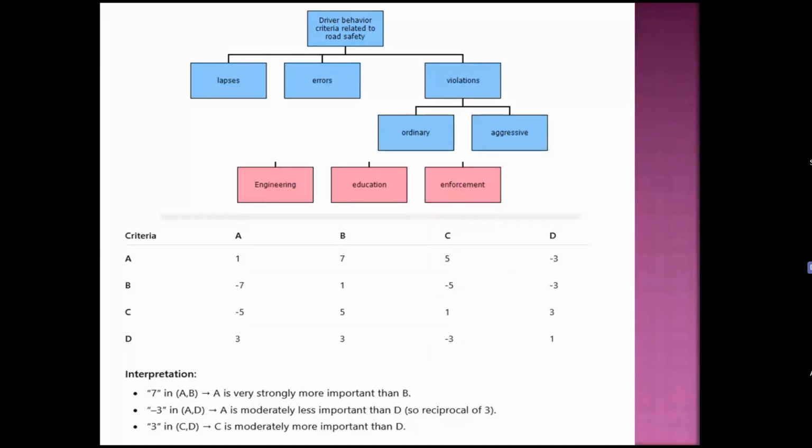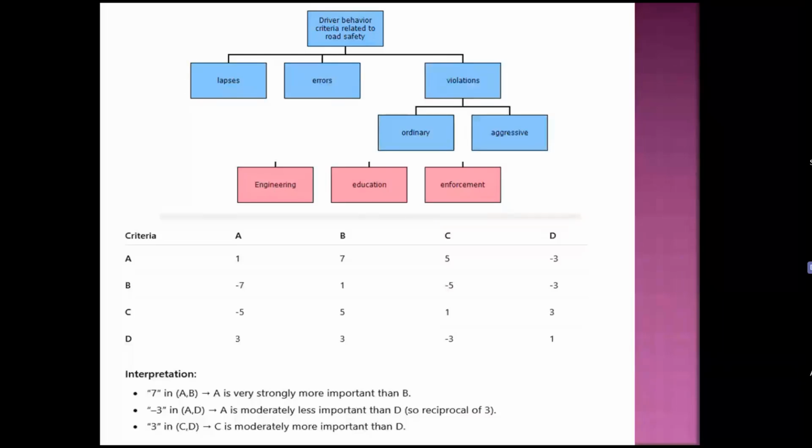We have two types of violation: ordinary violations and aggressive violations. Then, how can we control these driver behavior factors from an engineering point of view, from education, and enforcement. We have three E techniques in which we apply engineering, education, and enforcement.